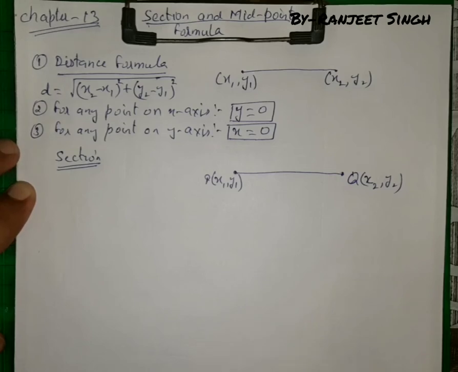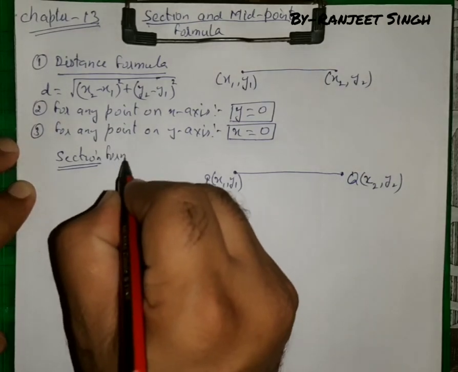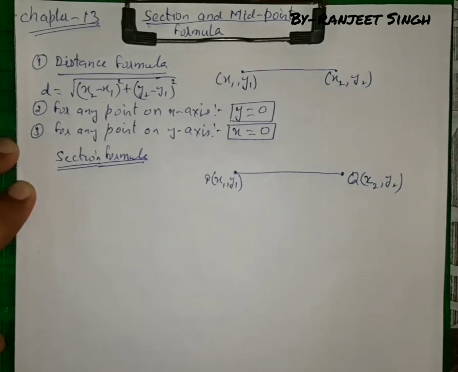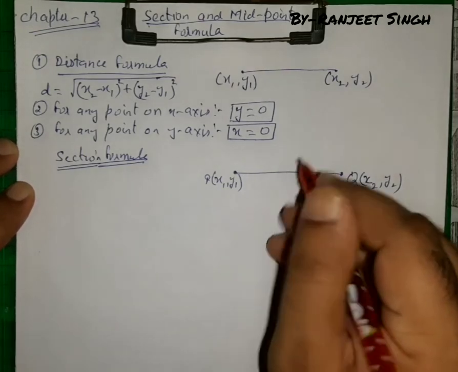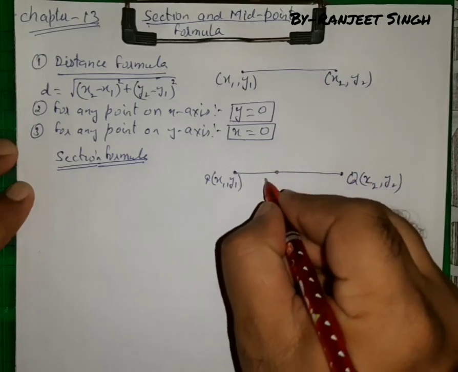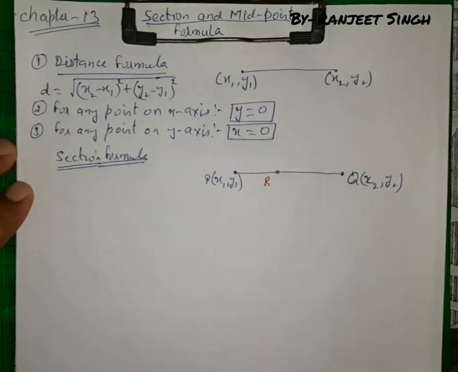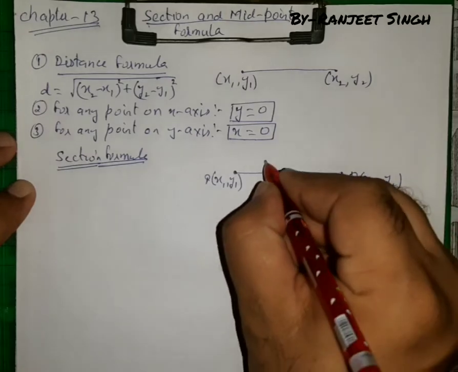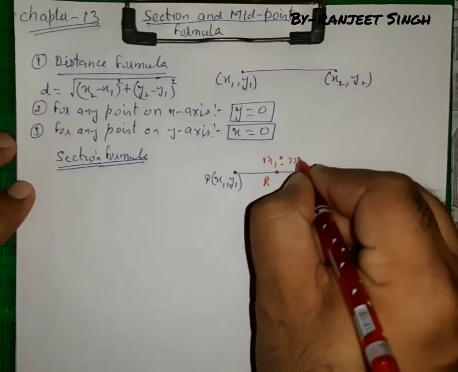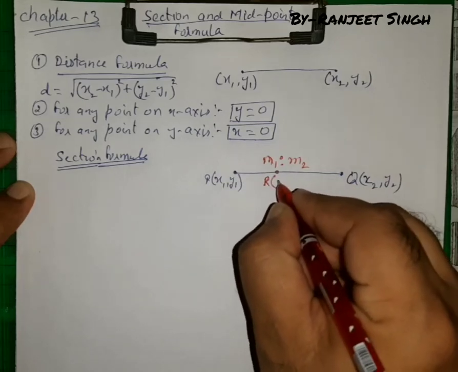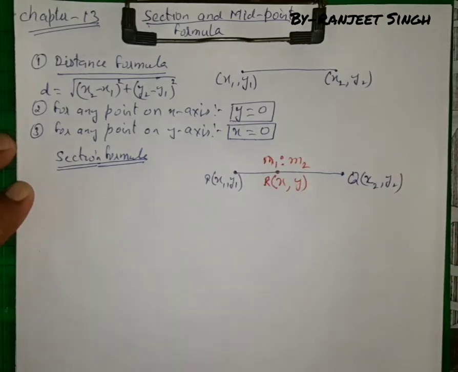So this section formula gives the coordinates of some point. Let us say that point is R. If this point R divides the line joining P and Q in the ratio m1 is to m2, then the coordinates of this point R will be x comma y.